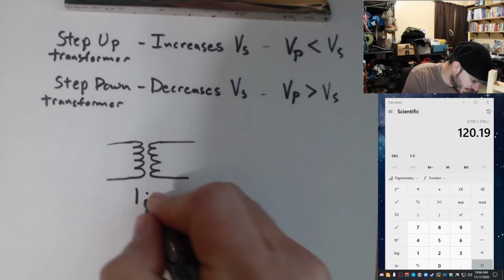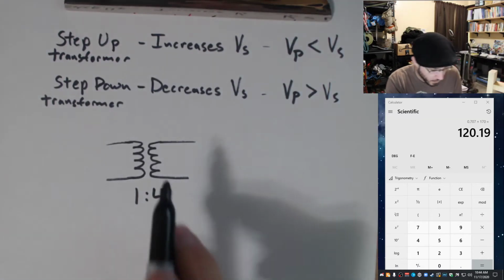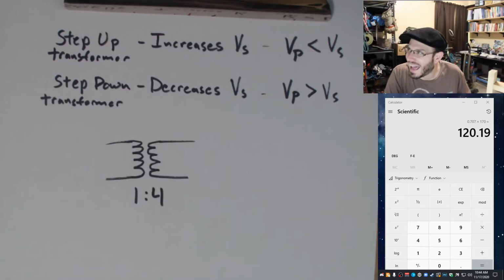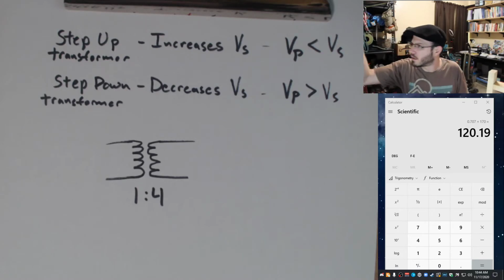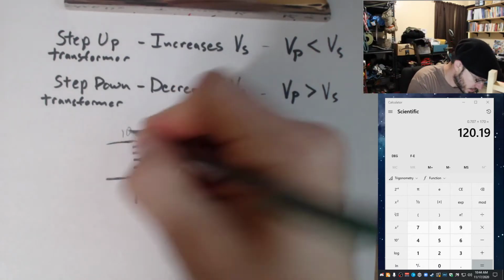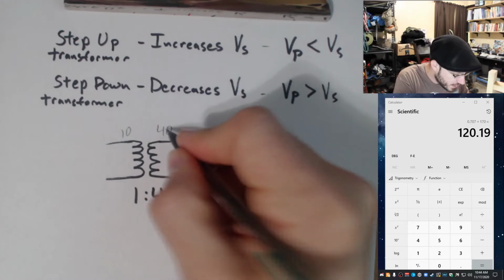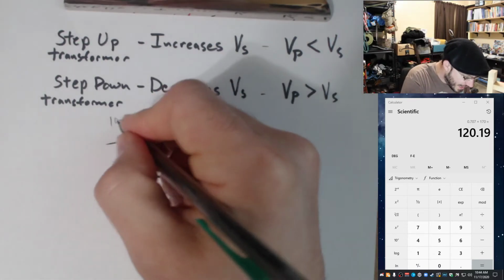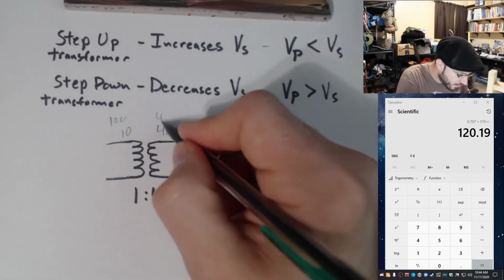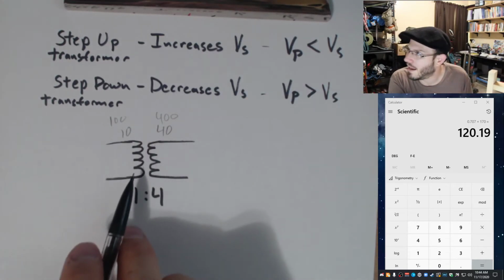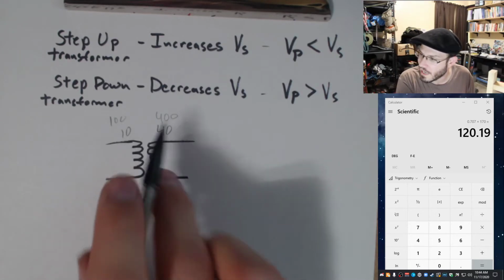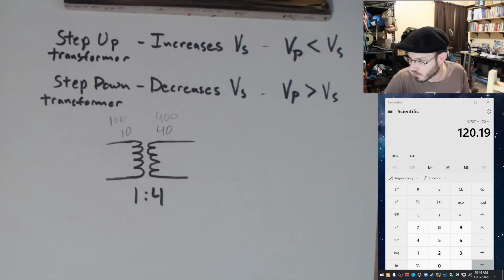In other words, let's say we have a 1 to 4. So if this side has, say, 10 turns, this side is going to have 40 turns. Or if this side has 100 turns, this side will have 400 turns. The number of turns doesn't matter. The only thing that matters is the ratio between the two.